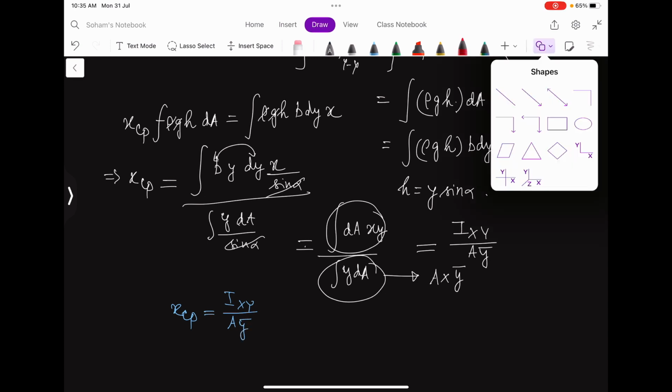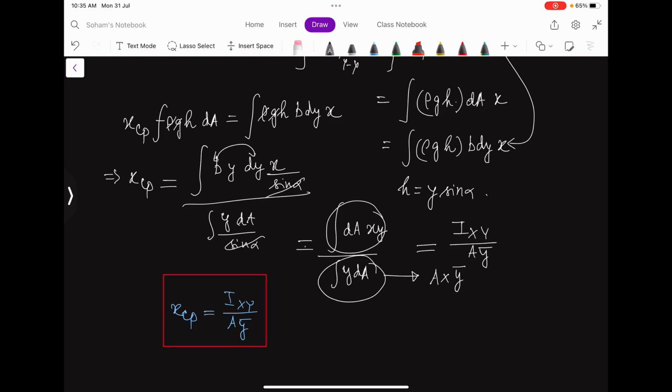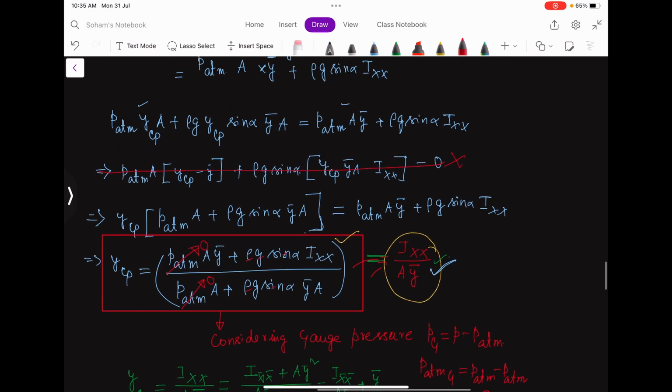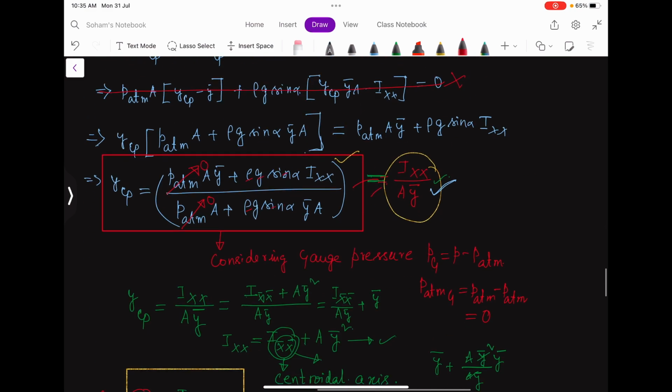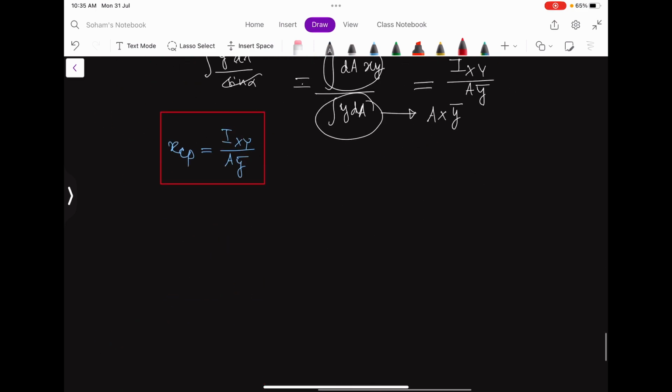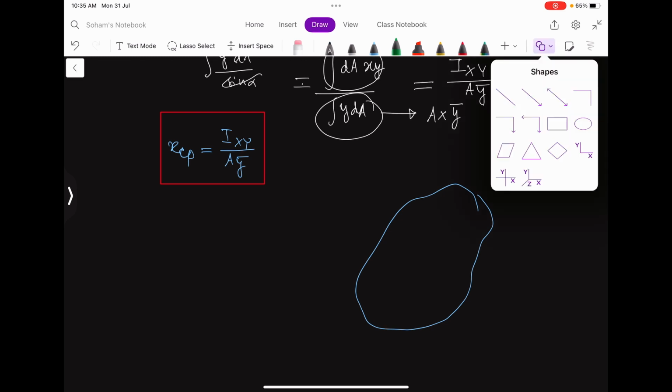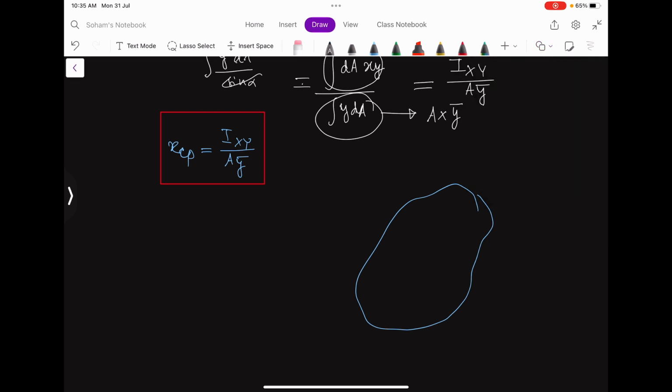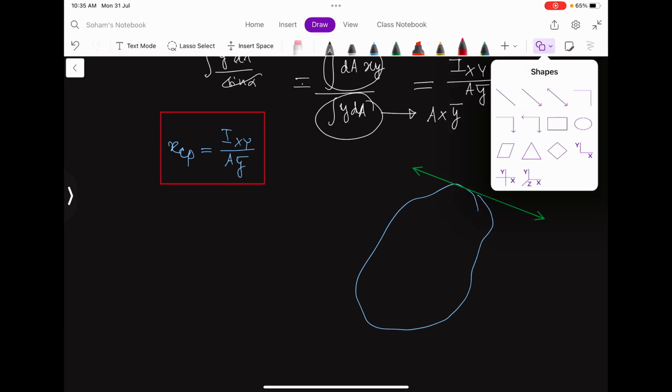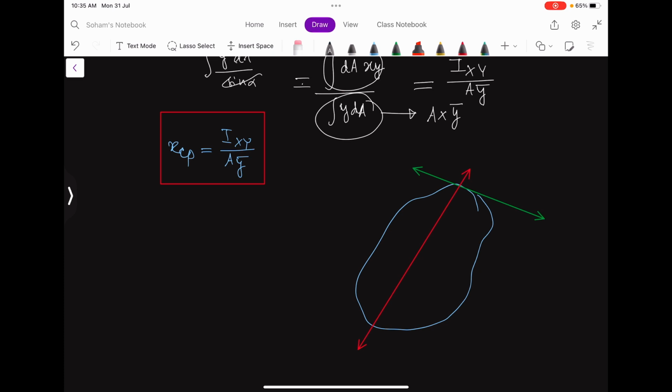This is also a very important thing, and the more important thing is, let us say I am drawing here only. So this is my cross section. This was my x-axis, and this is my y-axis.